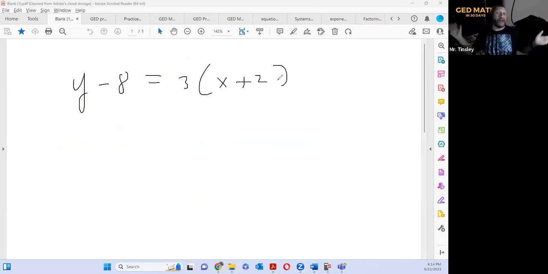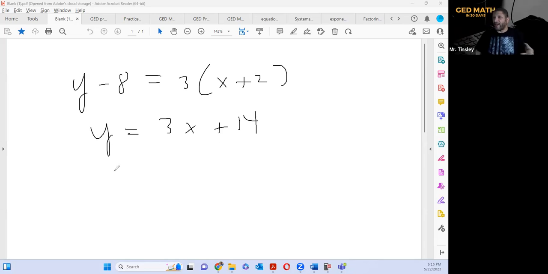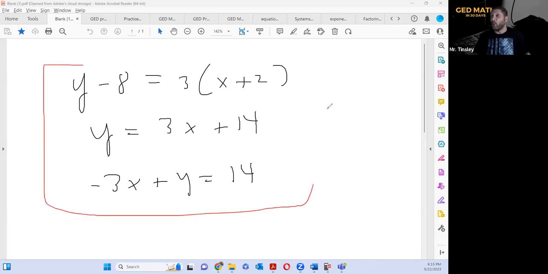I didn't even go over that with you. They're different forms. Then you got y = x + 6 + 3x + 14. Or I could have minus 3x plus y equals 14. Every single one of these equations is the same.